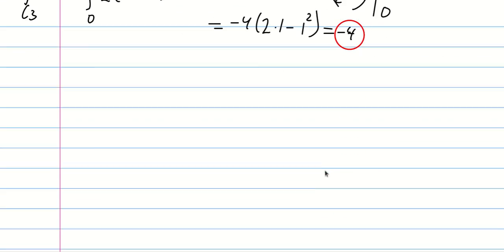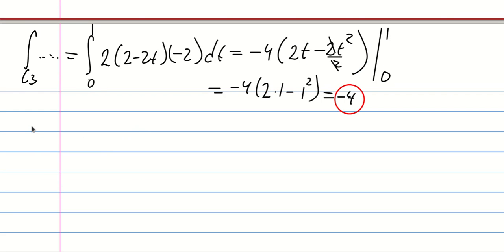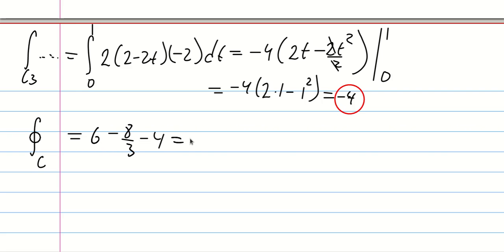So finally, we say that the integral over C is equal to, for the whole thing, 6 minus 8 over 3 minus 4, which equals negative 2/3.